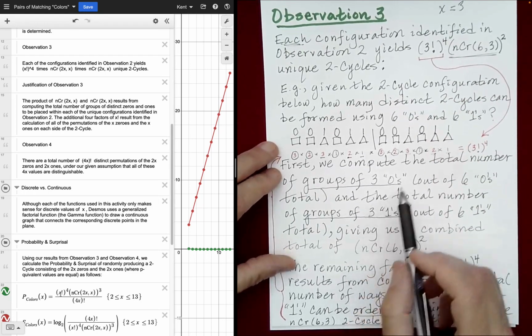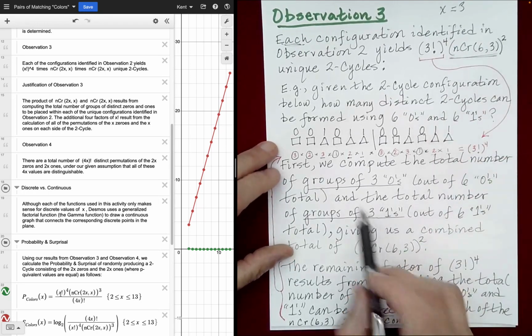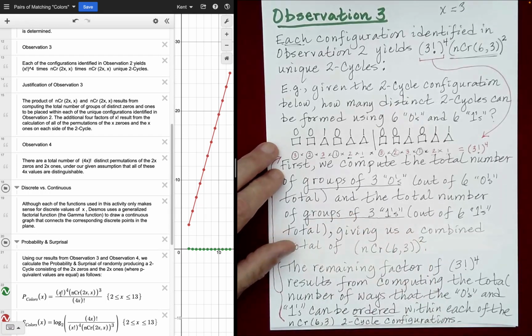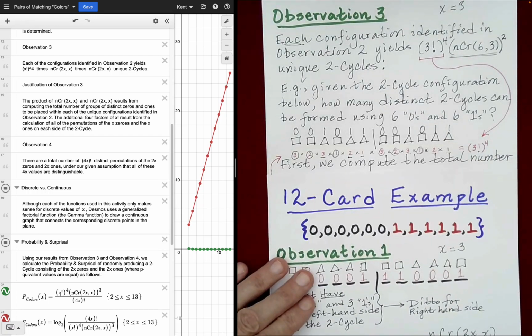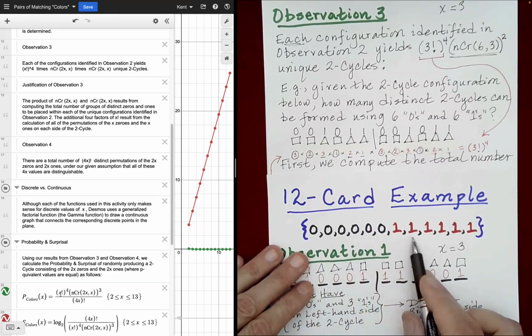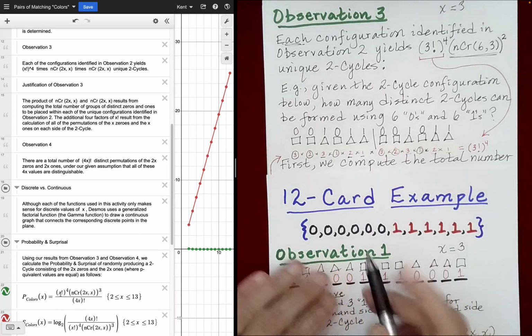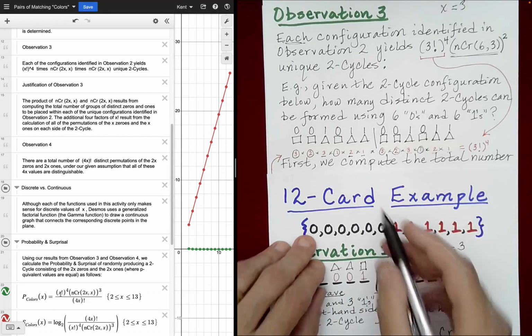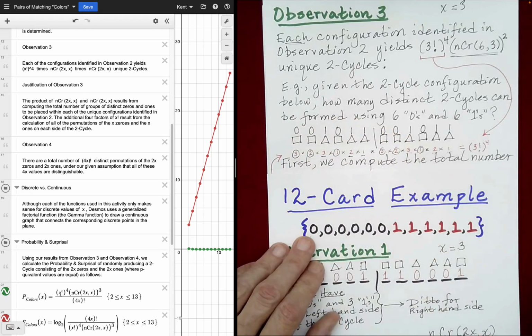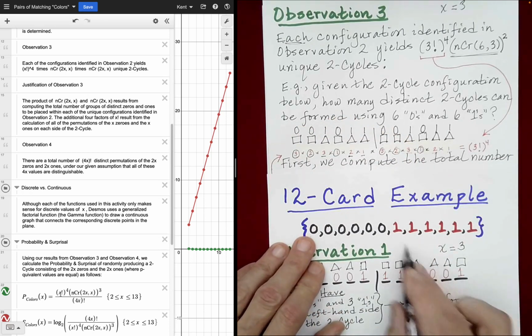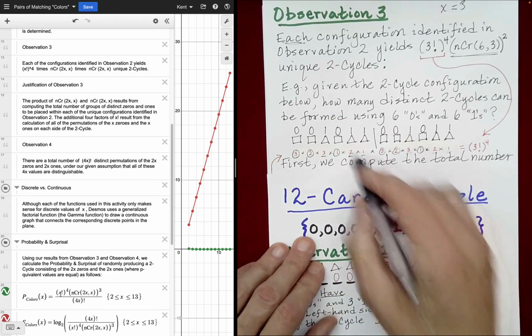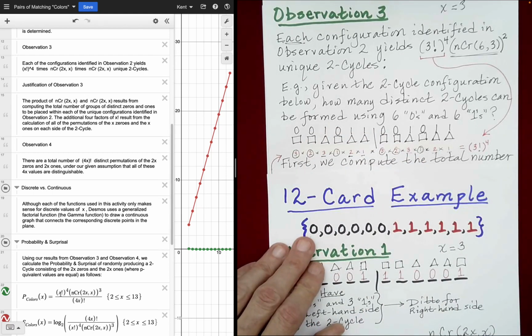To get this, think about it. We have a total of 6 zeros to choose from and 6 ones. We need to choose 3 of these zeros to go on the left-hand side of the 2 cycle, and 3 of these ones to go on the left-hand side of the 2 cycle.